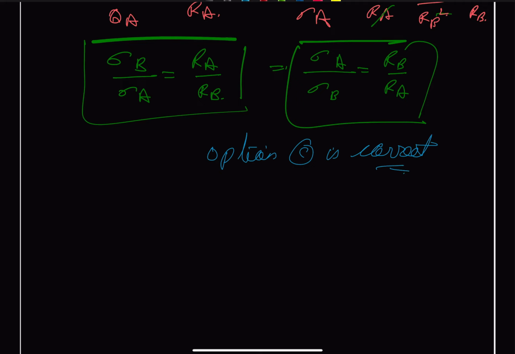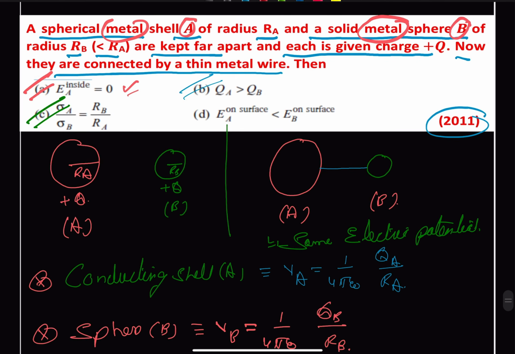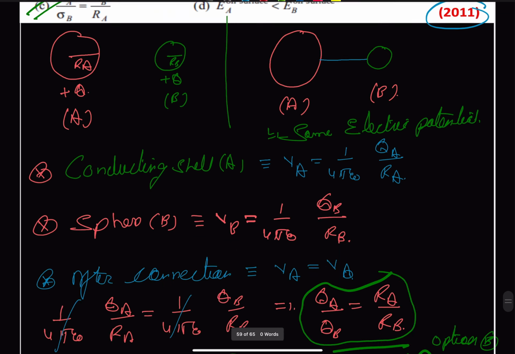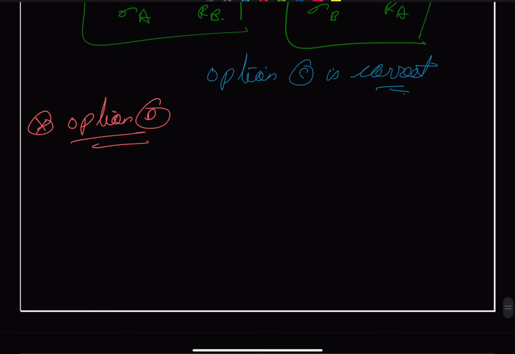We come to the final option, that is option D. It states that the electric field on the surface of A is less than that on the surface of B. For that we already know the formula that the electric field is sigma upon epsilon naught, and this is just outside the conductor.